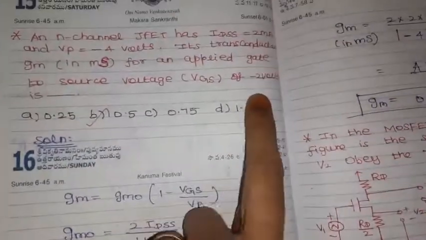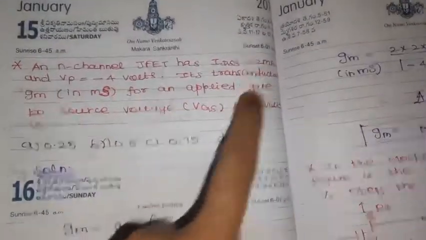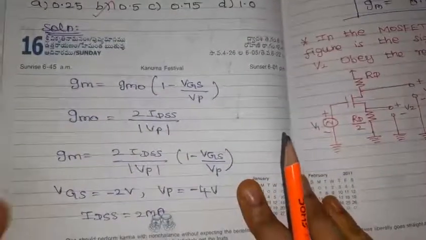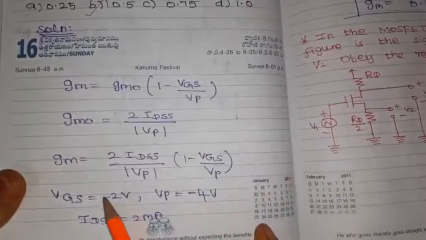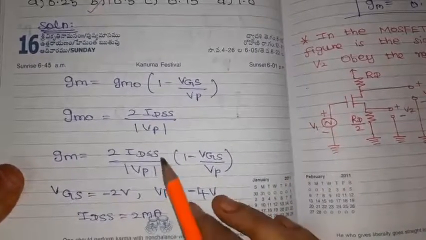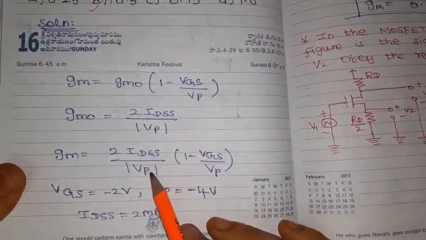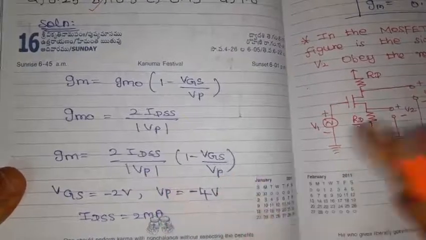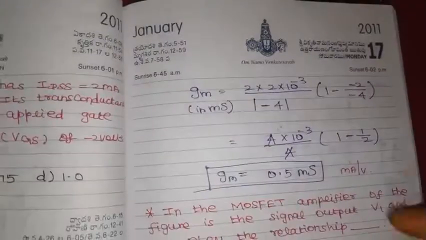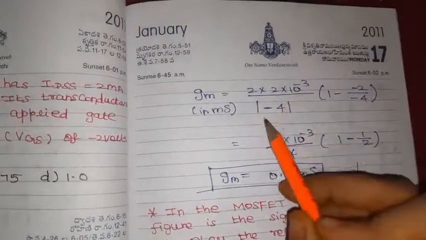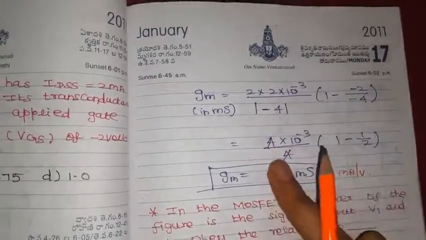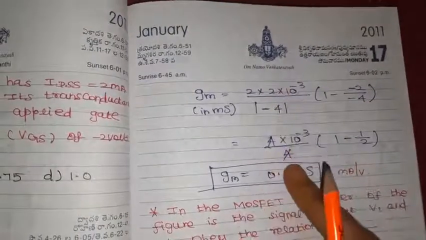VGS is given as minus 2 volts, Vp is equal to minus 4 volts, and IDSS is equal to 2 milliamps. Just substitute all these values. Whenever there is a modulus, we take only the positive value. Modulus of minus 4 will be plus 4 only. 2 into 2, 4 cancelled, right?